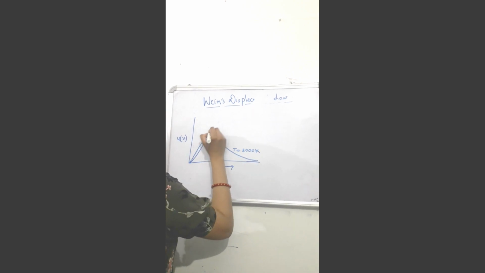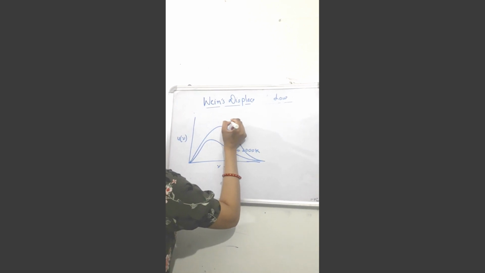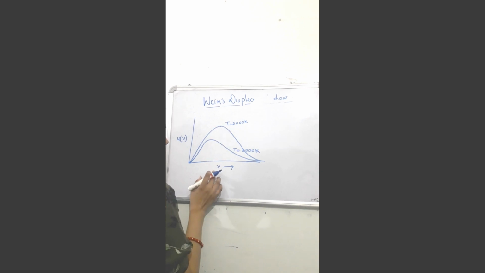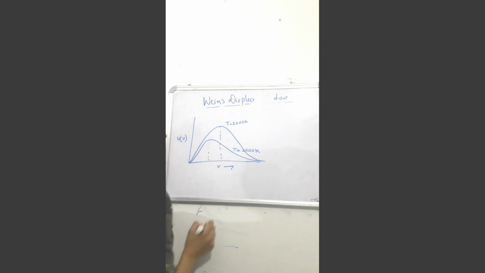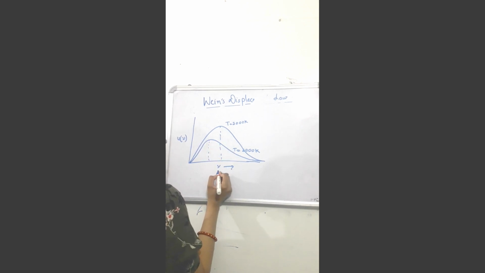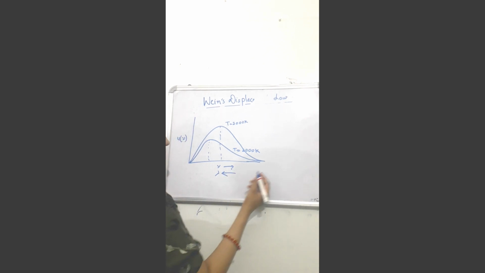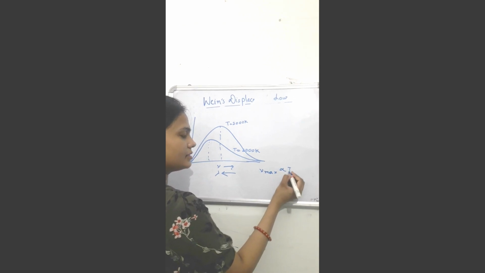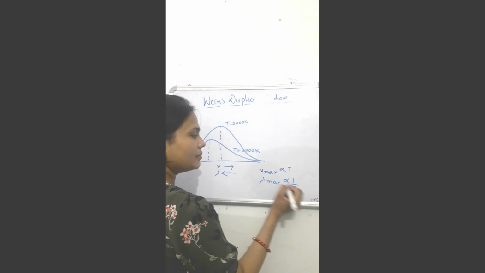The maximum of the curve shifts with increasing temperature. That means the frequency of the maximum increases. Here it comes at this point, and here at this point. So ν_max is increasing, or λ_max is decreasing, with temperature. Both: ν_max is proportional to temperature, and λ_max is inversely proportional to temperature.